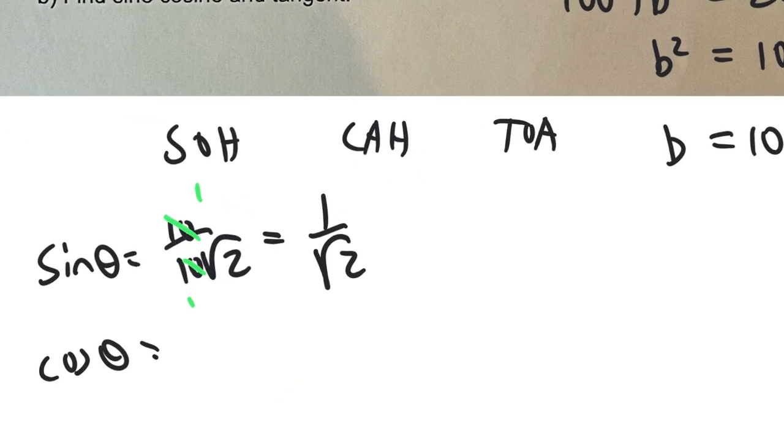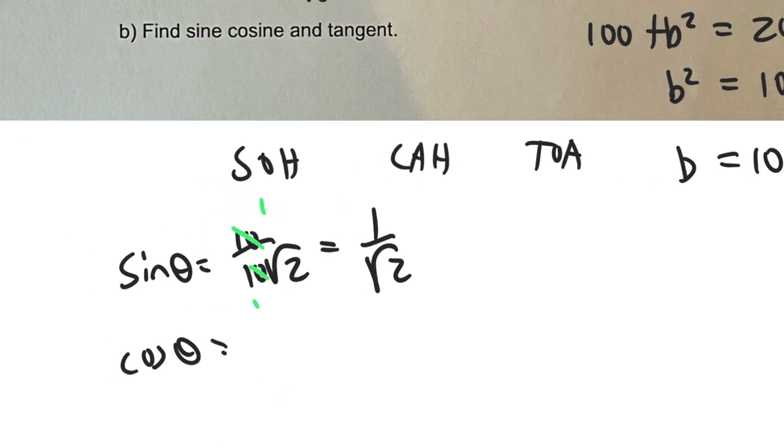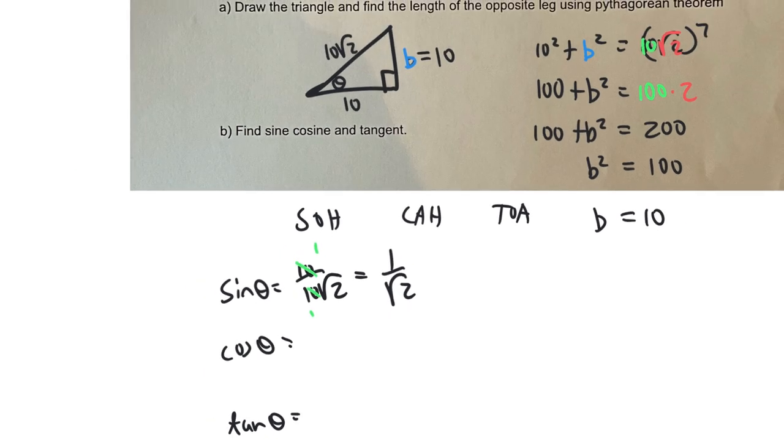Now, this is the most annoying one so far because the teacher probably wants you to catch that even though we did this correctly, that needs to be rationalized. So on the bottom, it's just going to become a 2, but on the top, it's going to become a radical 2.